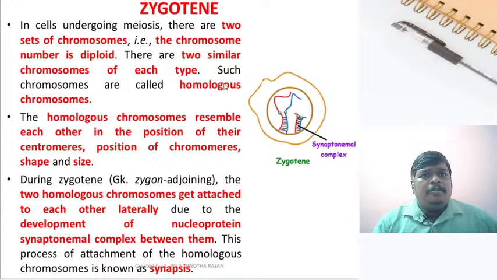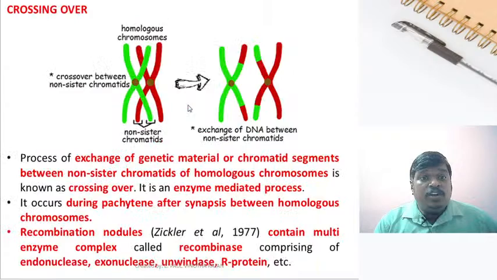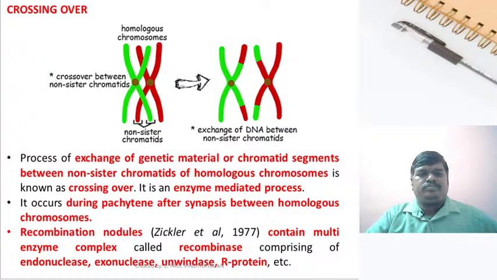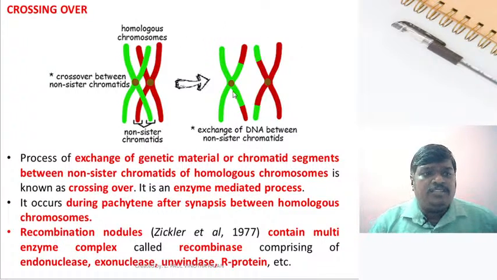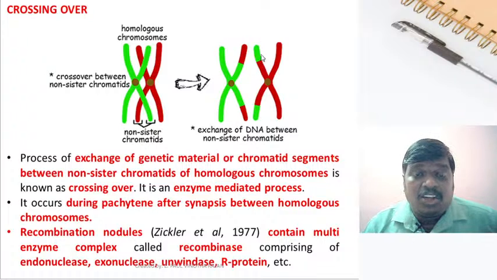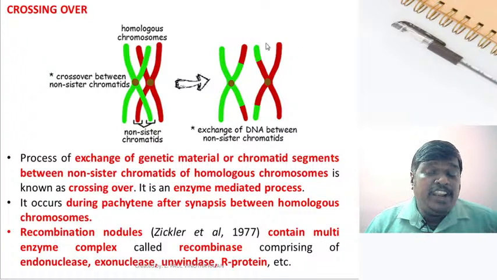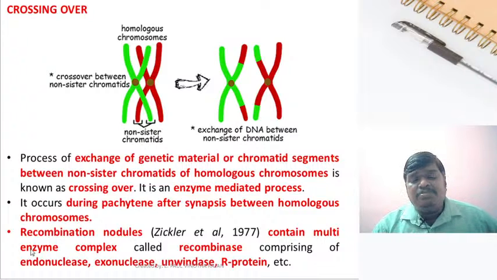During zygotene, synapsis takes place. During pachytene, crossing over takes place. In this recombination, the crossing over between the two non-sister chromatids, a lot of enzymes are involved.